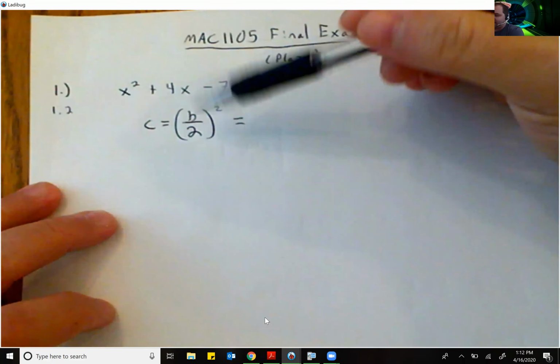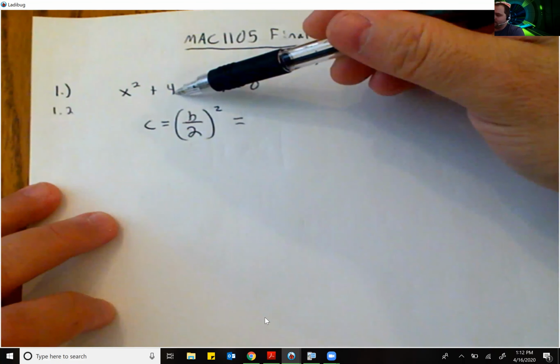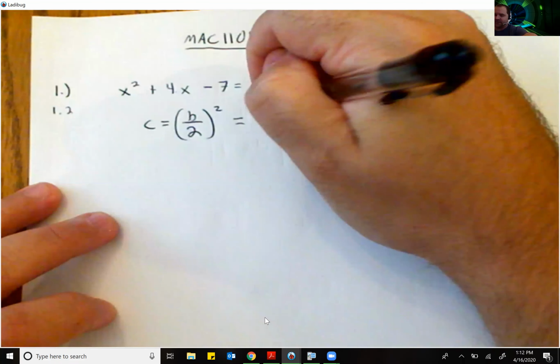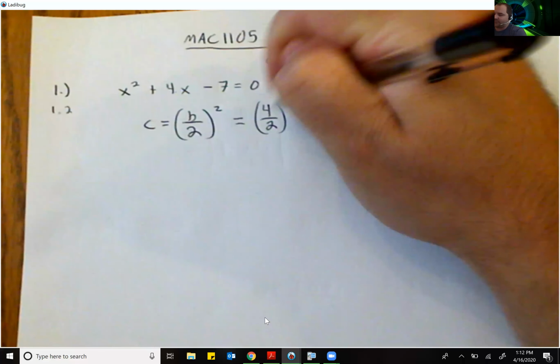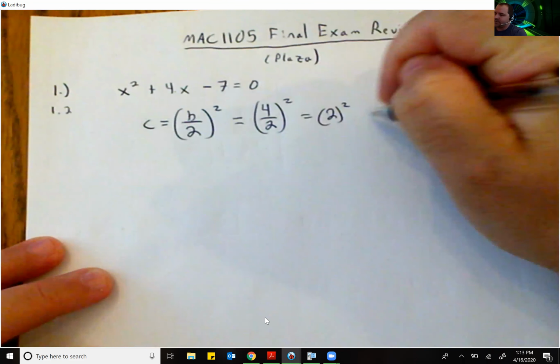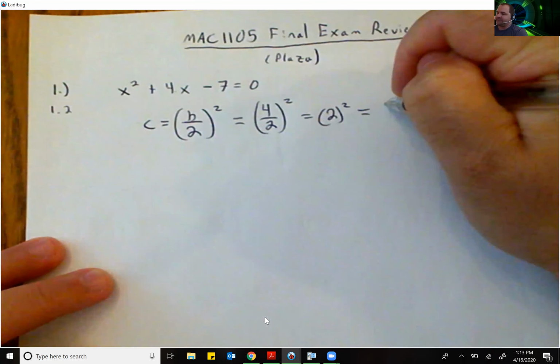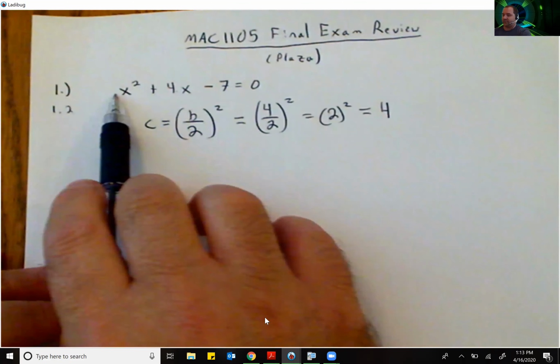So our B value up here is 4. So 4 divided by 2 squared. Well, 4 divided by 2 is 2. We're going to square that, and that gives us 4. So this is the number that's going to make this thing factorable.